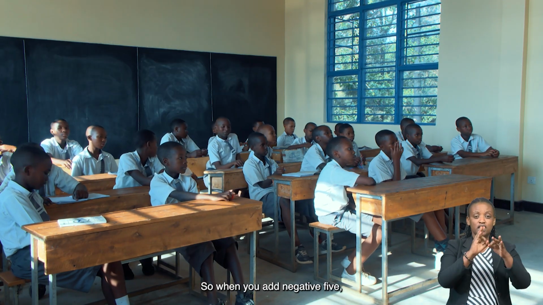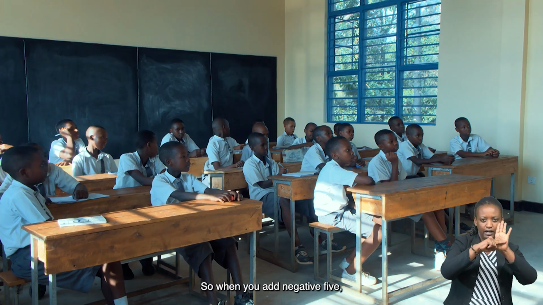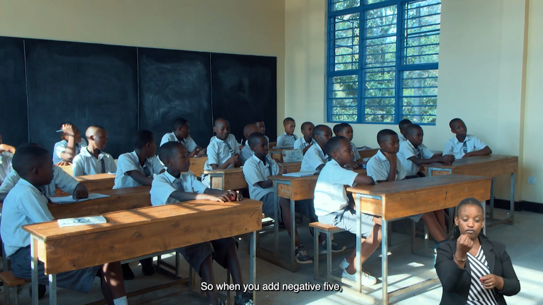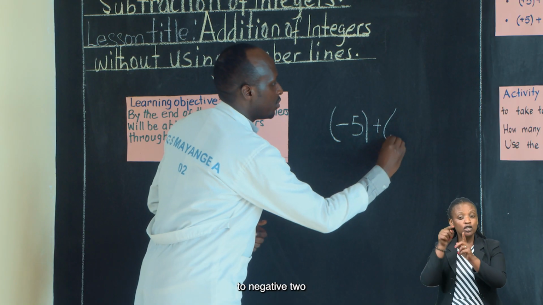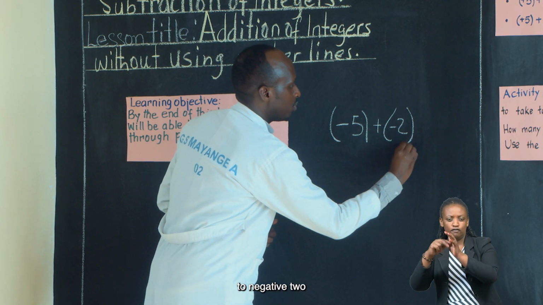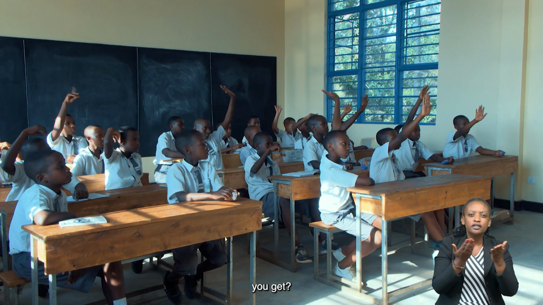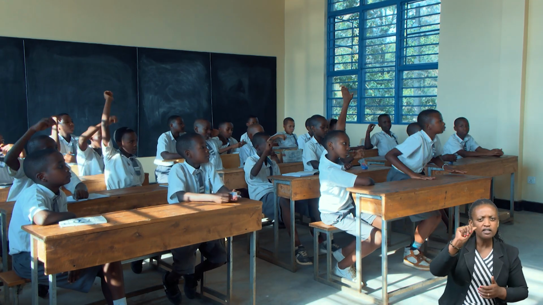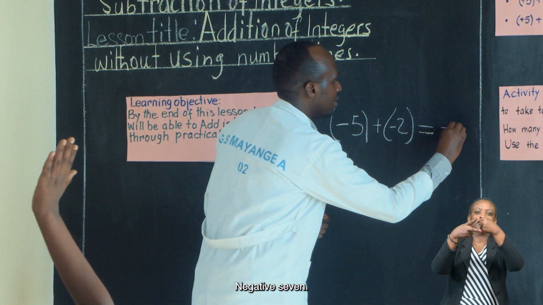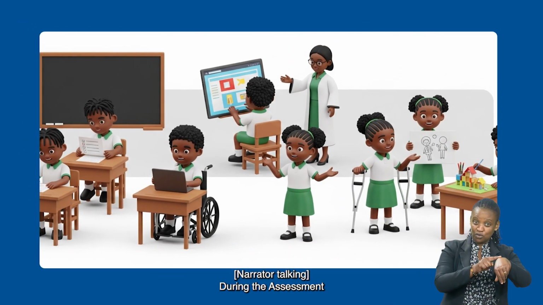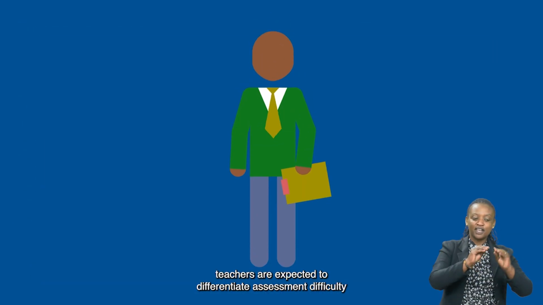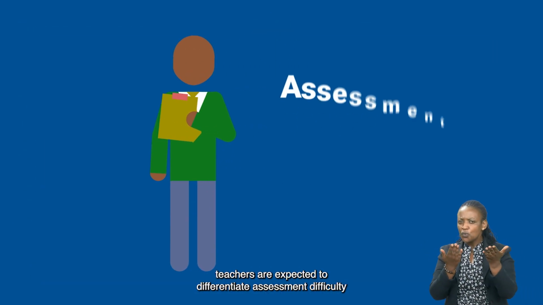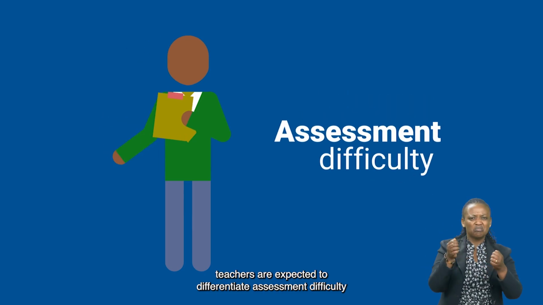So when you add negative 5 to negative 2, you get, Ariane, say, negative 7.